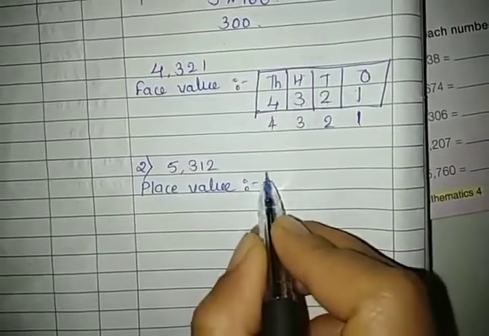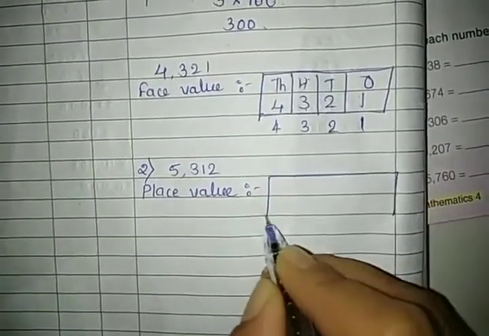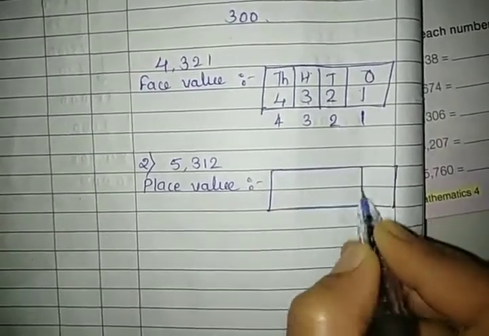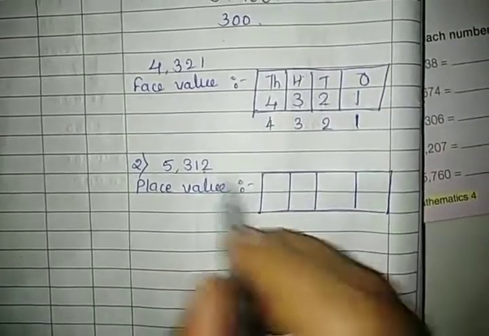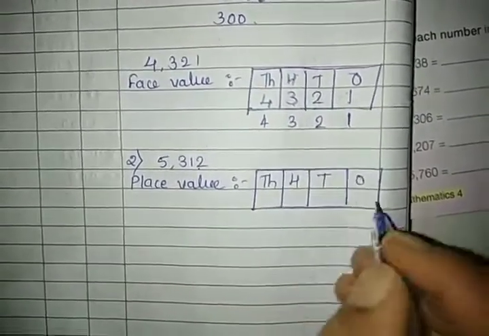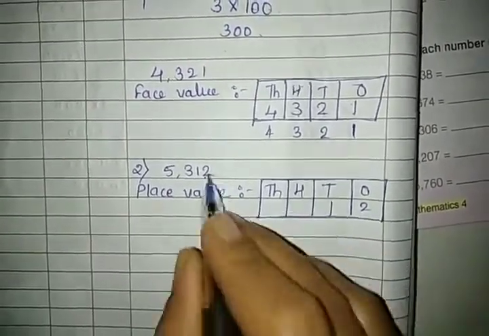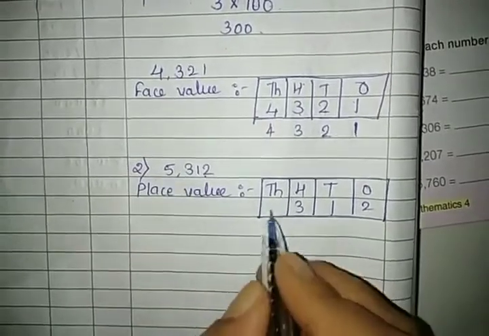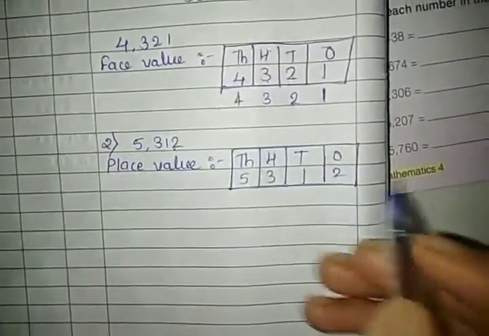You can write the place values directly, or else you can put this column and write. Ones, tens, hundreds, th means thousand. In ones place 2 is there, tens place 1 is there, hundred place 3 is there, and 5 is in thousand place. Now we will find out the place value.